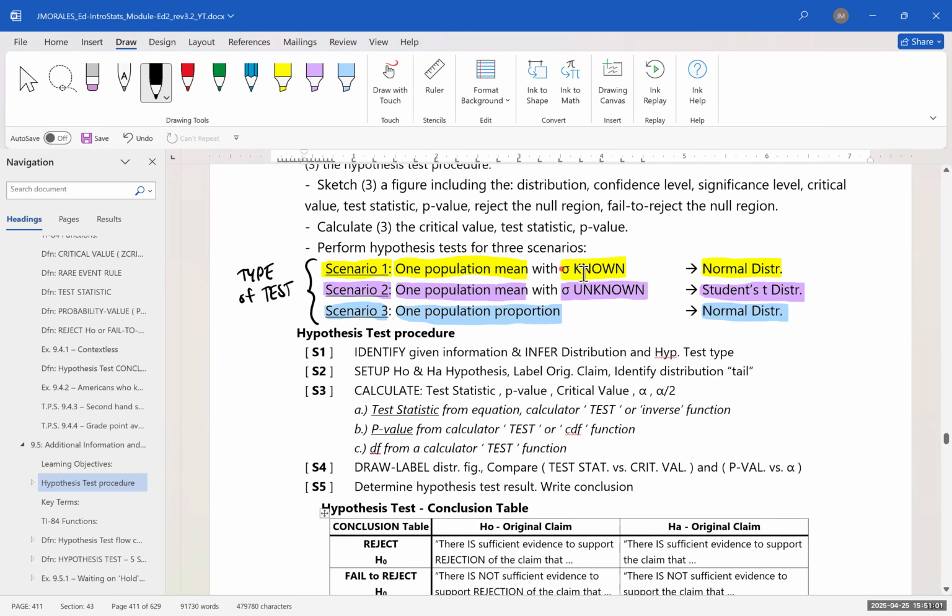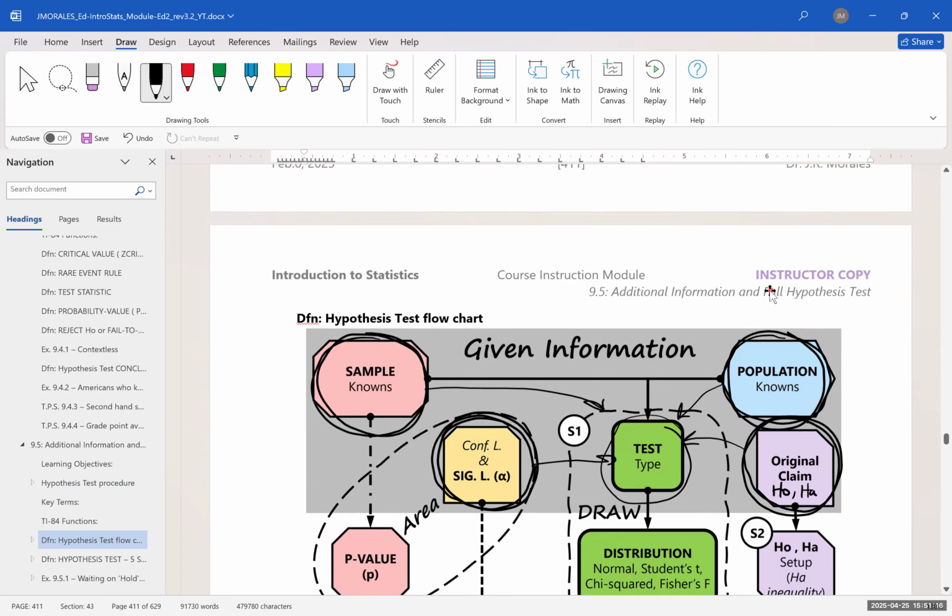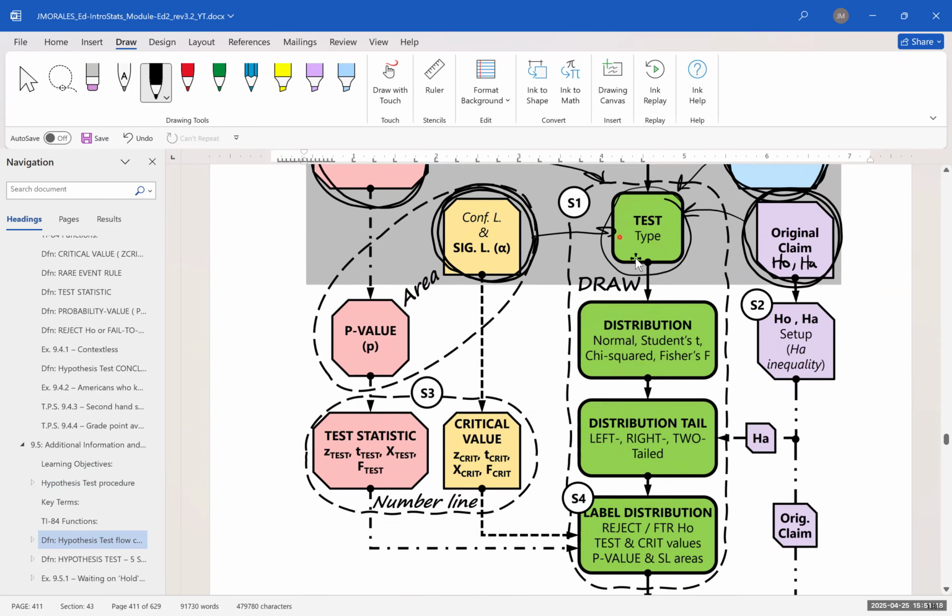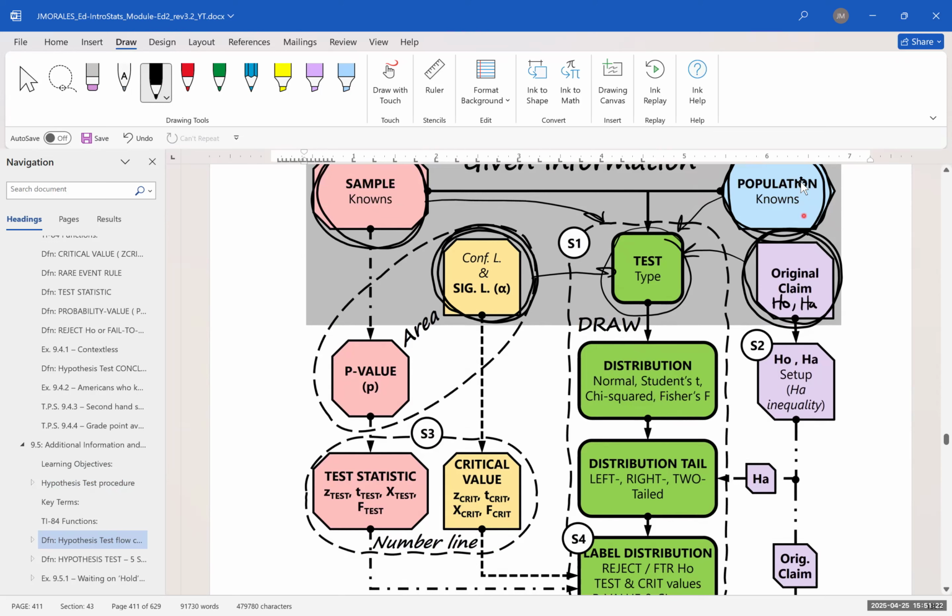If we knew the population standard deviation, then we know we'd be using a normal distribution. If the population standard deviation was unknown, then we know we'd be using a student's t distribution. And that'll tell us what type of test and what kind of distribution to use. So you see how knowing something about the population leads us down this path.